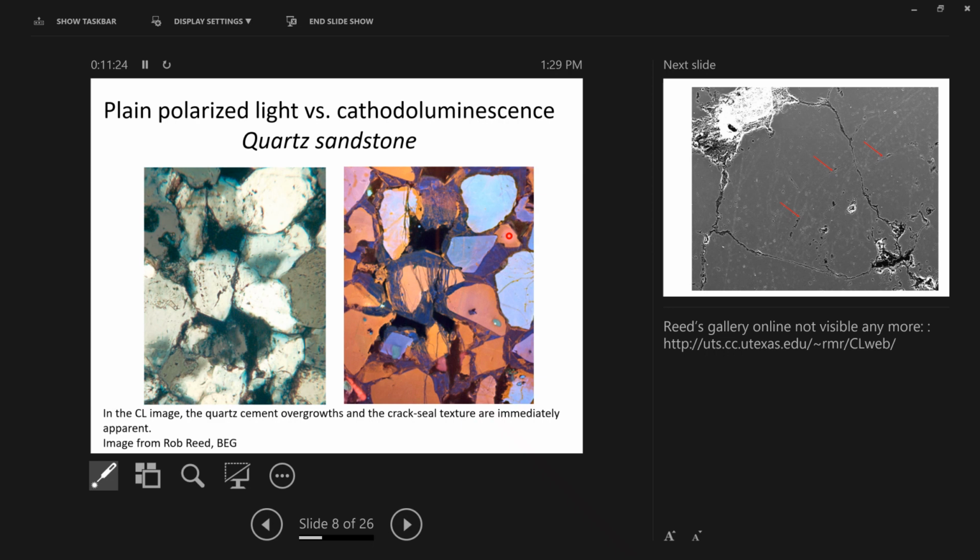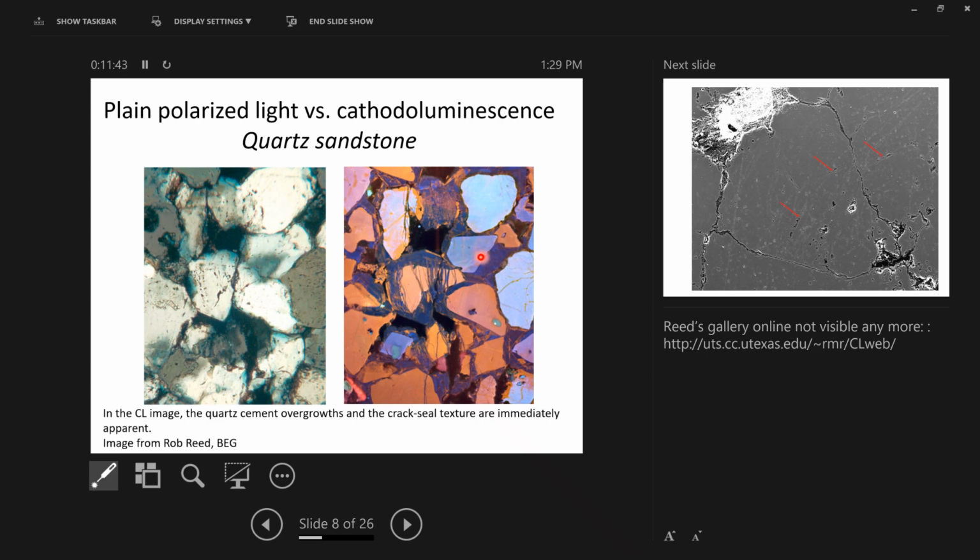Once I polish that surface and things bounce off it, one type of imaging, just bouncing off either light or electrons, might show me a similar surface.